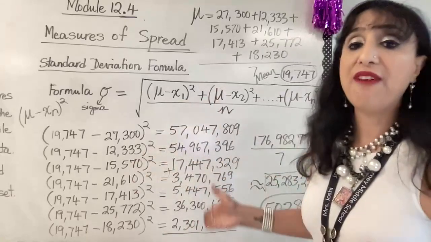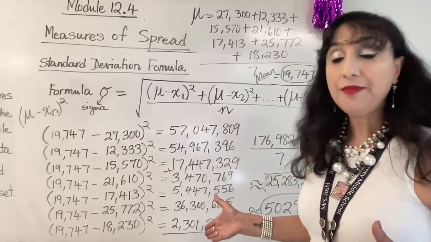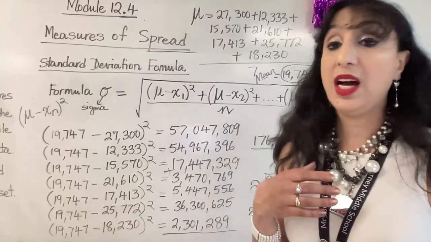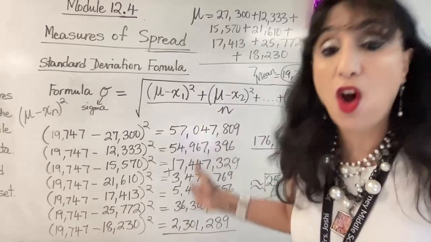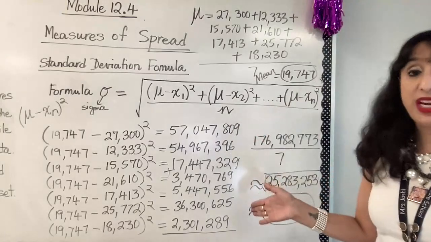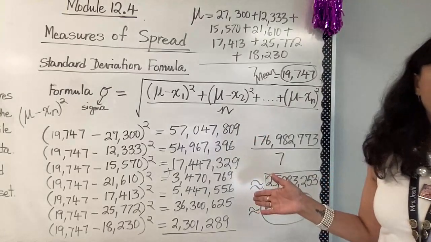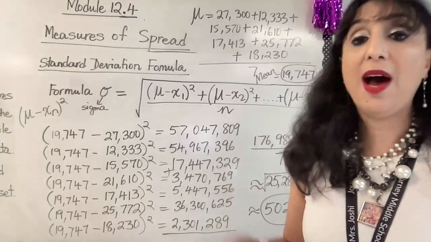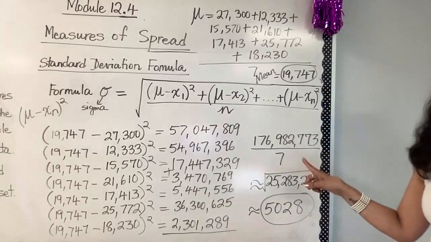Then whatever value I get, again I am finding the mean of that. So I'm adding it all up, which is the variation, how far it is deviating from the mean. I'm going to add them all up and divide by how many there are. In this case, there was 7.